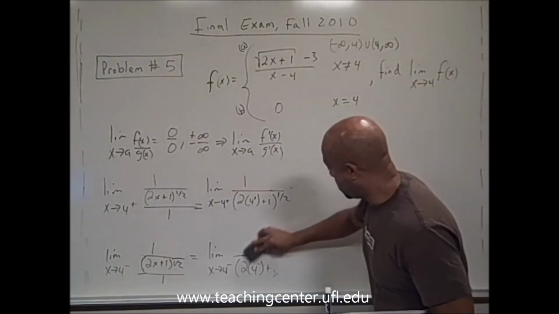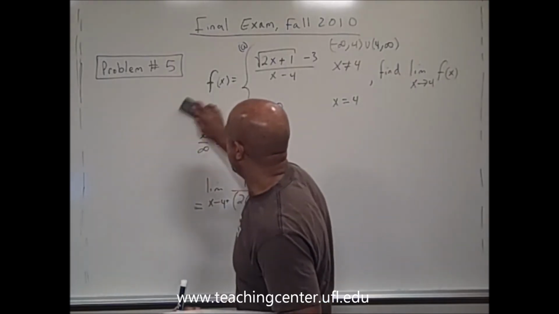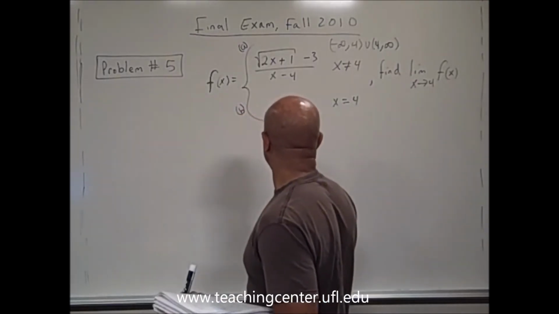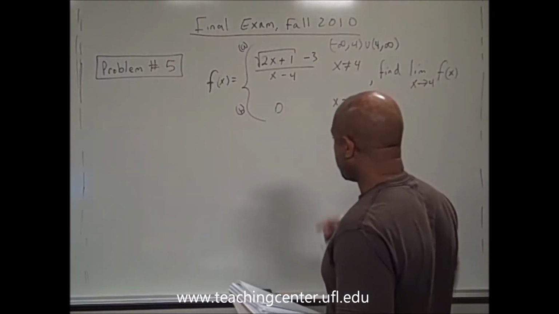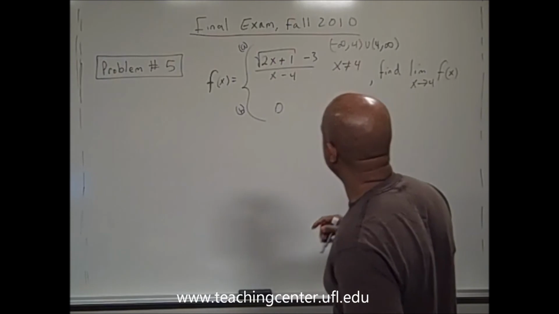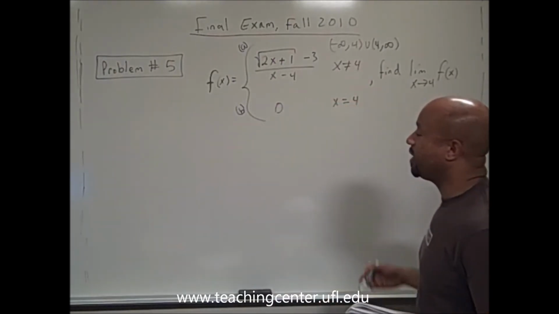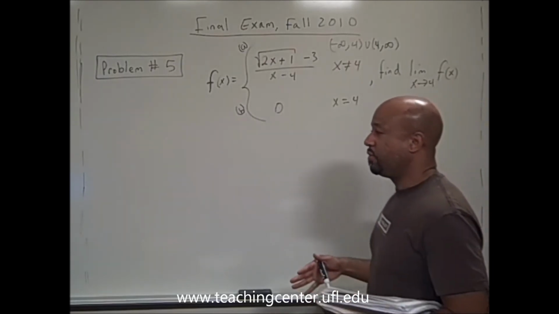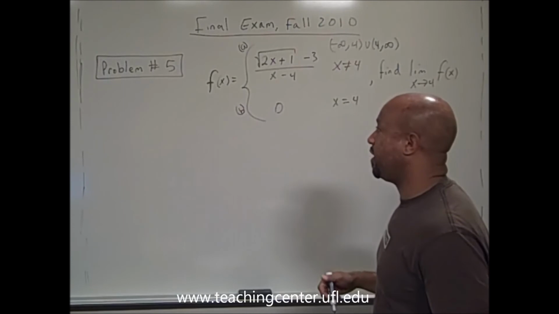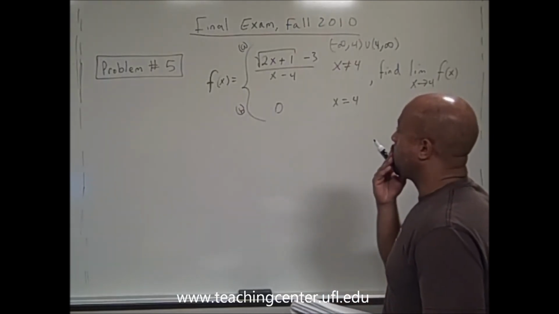I just want to make some notes here to hopefully clarify everything. You would also say, okay, well, if I plug in 4 in the denominator, I would get 0, and we know that if we get 0 in the denominator, then you should have a discontinuity of the function, right?